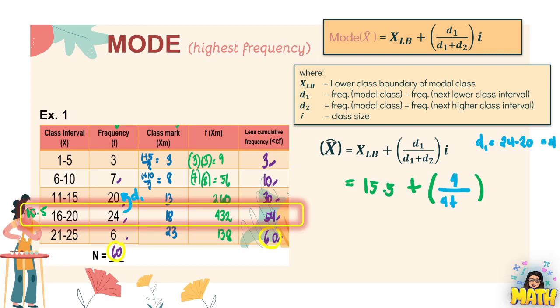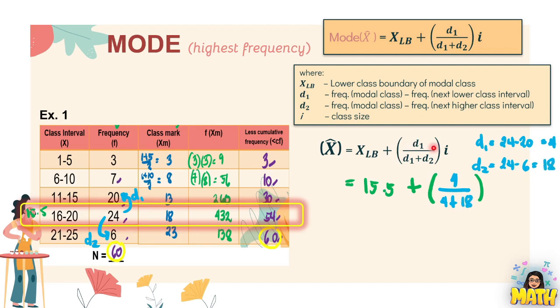While our D sub 2 is just the difference of frequency of modal class minus the next higher class interval. Ang kasunod na class interval ay 21 to 25 at ang frequency naman nito ay 6. So this time, our D sub 2 refers to the difference of 24 and 6. So 24 minus 6, that's 18.